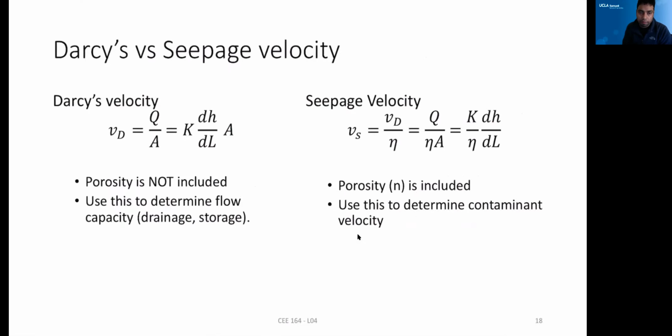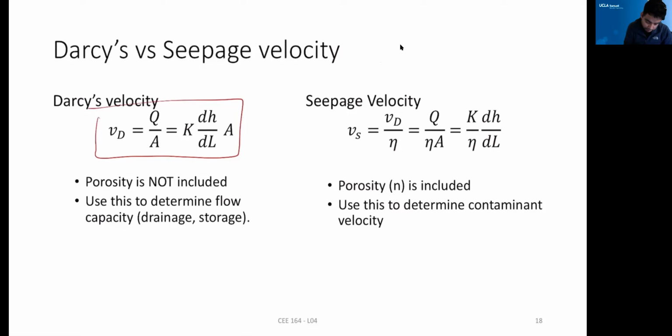All right, so that's all in terms of the flow of water. I just want to revisit again just to say that this is Darcy's velocity. Darcy's velocity is just a concept. What it means is that, hypothetically, this is the flow of water, but it assumes that water flows through the entire area.